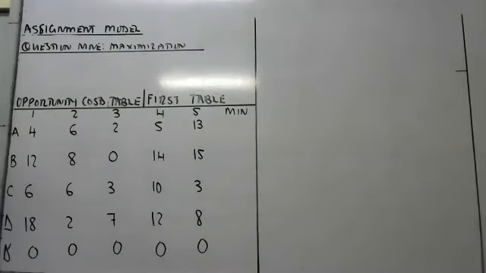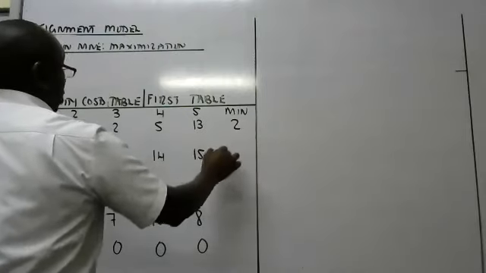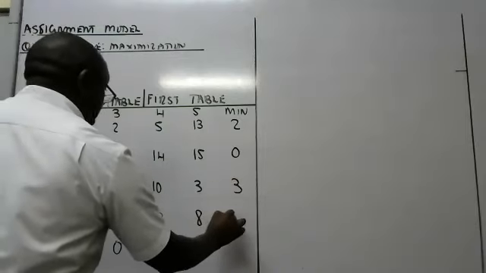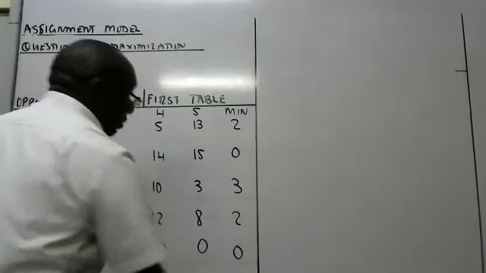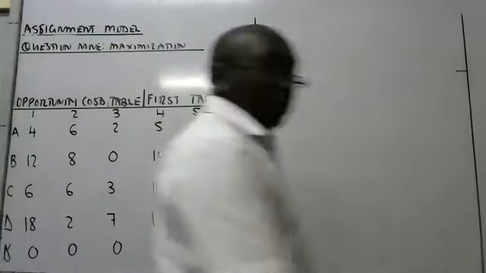When you put zeros, the minimum here is what? 2, 0, 3, 2, and 0. So we designed the second table.